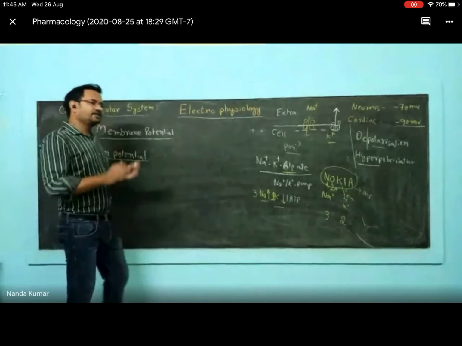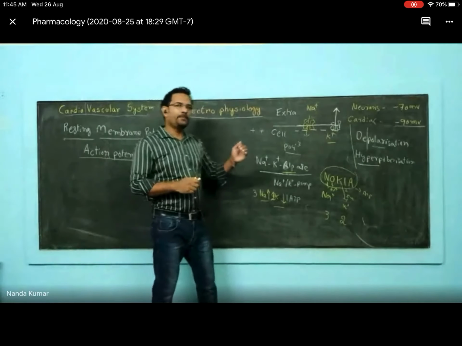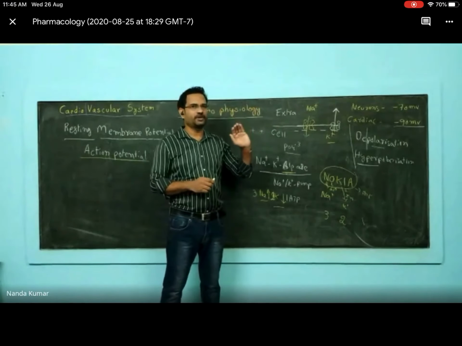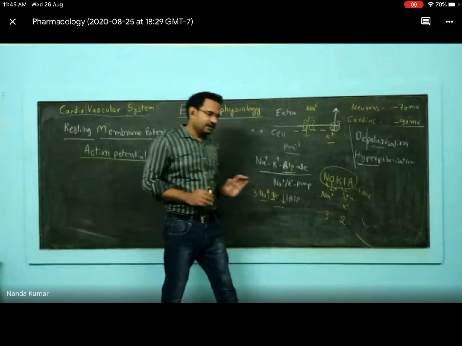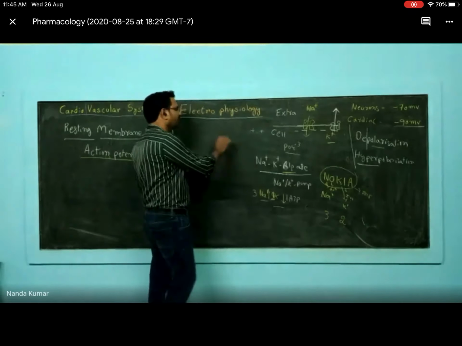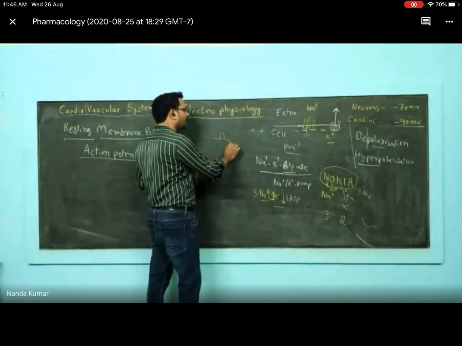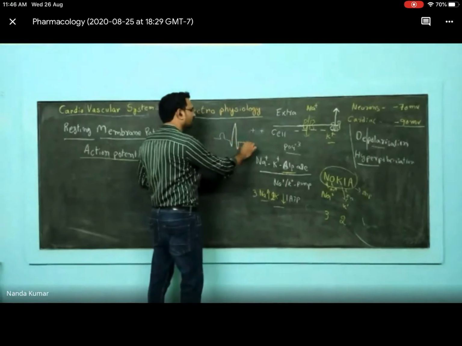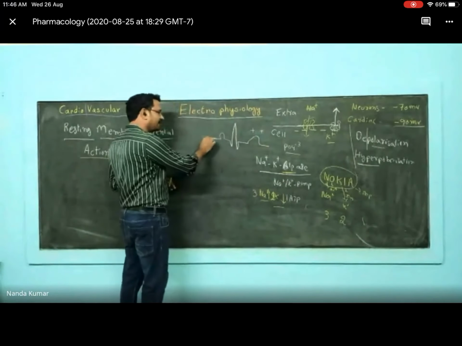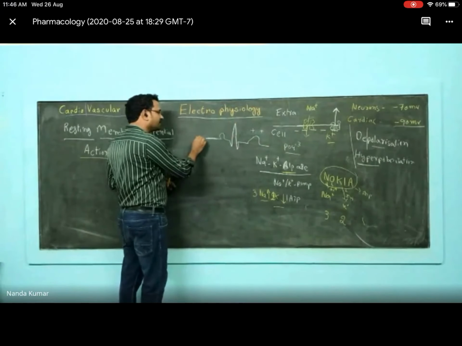But what is this action potential? Action potential is nothing but a rapid rise and fall of depolarization. See, in the last class, we saw the ECG, electrocardiogram. We saw various waves, P and then the QRS complex and then T, right? Now understand this one. See, this baseline is nothing but minus 90 millivolt.